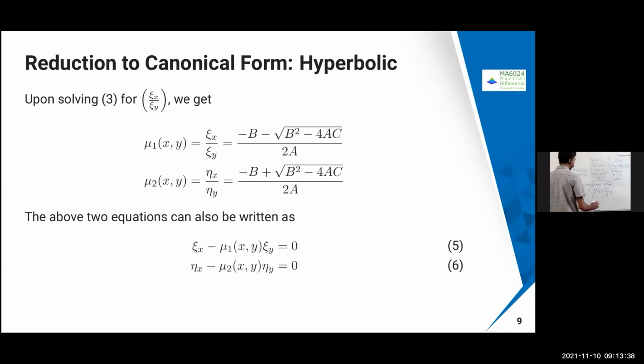So this is chi x by chi y, meaning the root of this one, and this is eta x by eta y. Therefore I can write chi x minus nu1 into chi y equal to 0, and eta x minus nu2 into eta y equal to 0.